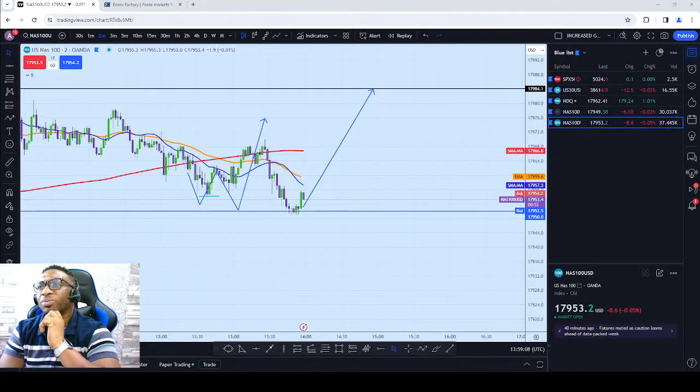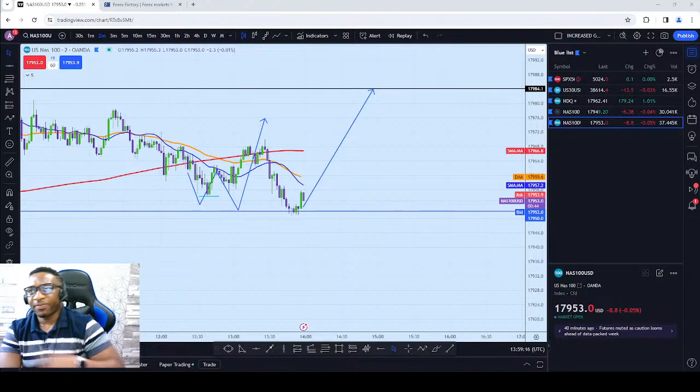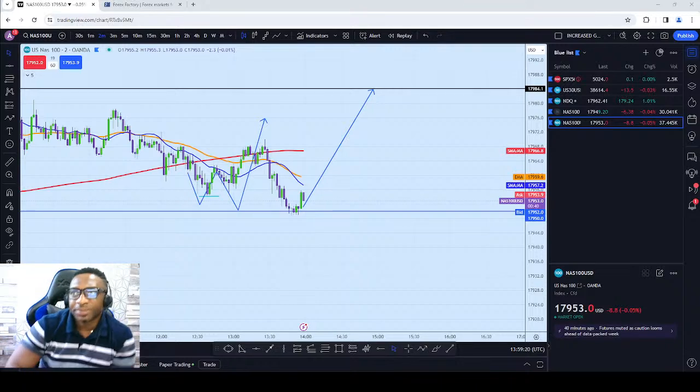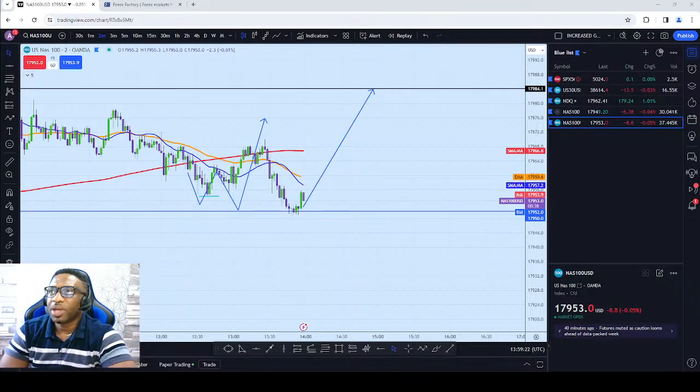So our only protection is our stop loss. If it works out from where we entered, then we are good to go. We take the profit and move on to the next trade. If it doesn't work out, our stop loss is there to protect us. We go on to the next one.